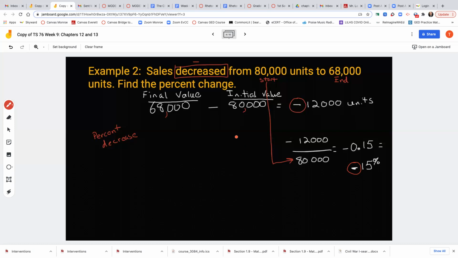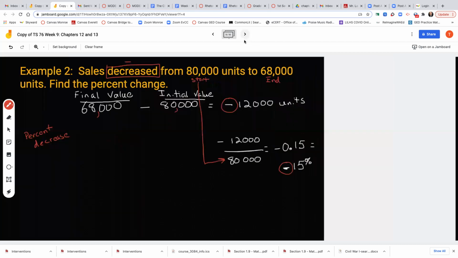Once again, I'm modeling for you as I'm reading the story problem, I'm underlining or really highlighting in my mind, is it asking for increasing or decreasing? Because I want to make sure I write my answer correctly. Let's look at another one just like this. Another example, walk you through this here.